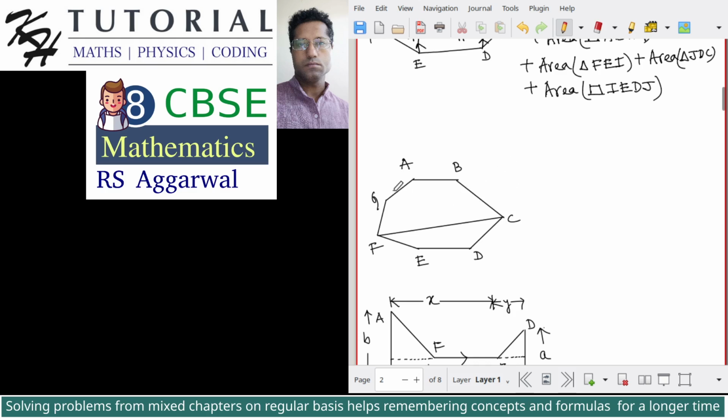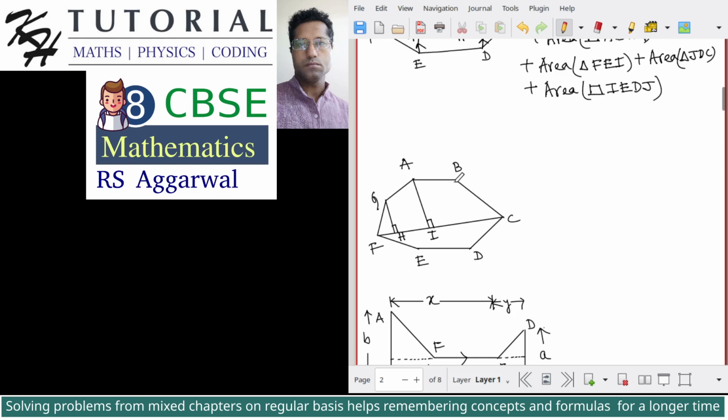So let's say G. We draw a perpendicular from G on FC. Let's say this is GH. We draw a perpendicular from A to FC. Let's say this is I. AI is perpendicular to FC. GH is perpendicular to FC.